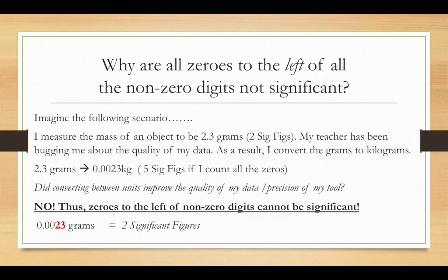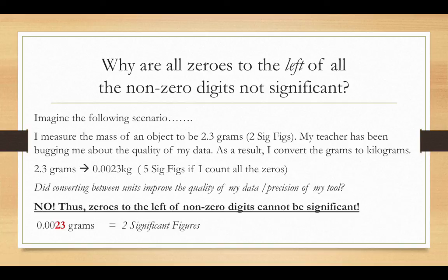Imagine the following scenario. I measure the mass of an object to be 2.3 grams. That has 2 significant figures. My teacher's been bugging me about the quality of my data, and as a result, I convert the grams to kilograms. 2.3 grams becomes 0.0023 kilograms. That would be 5 sig figs if I count all the zeros.